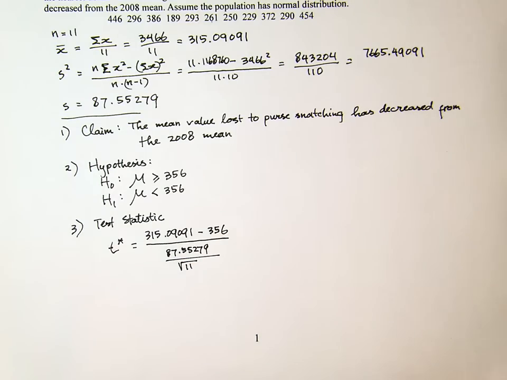Now, if I compute using my calculator, that will be 315.09091 minus 356, divided by 87.55279, and then multiplied by square root of 11.